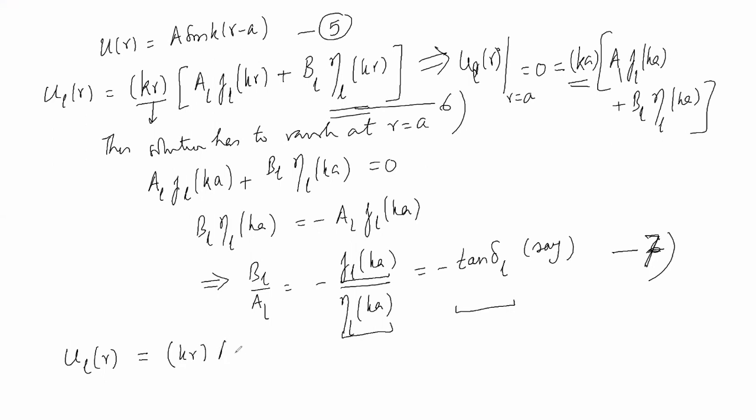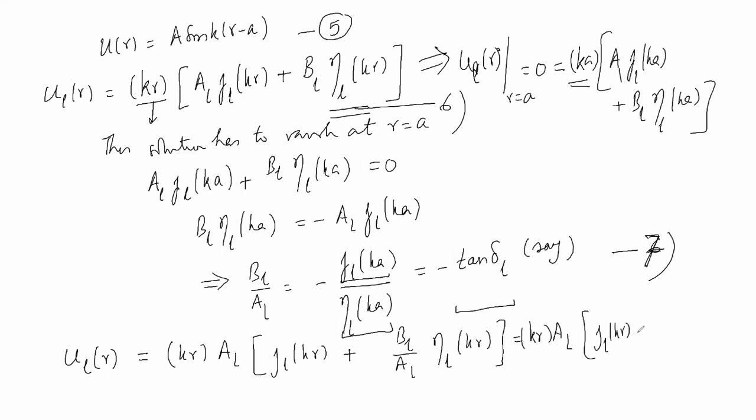I will write it as kr A_l [j_l(kr) plus B_l upon A_l eta_l(kr)]. Okay, and next step I will write kr A_l [j_l(kr) minus (B_l upon A_l is minus j_l(ka) by eta_l(ka)) eta_l].